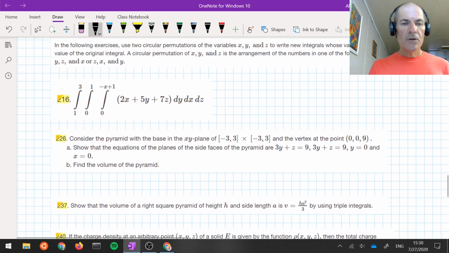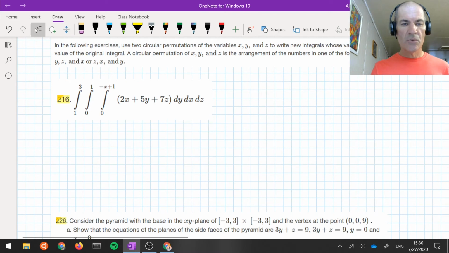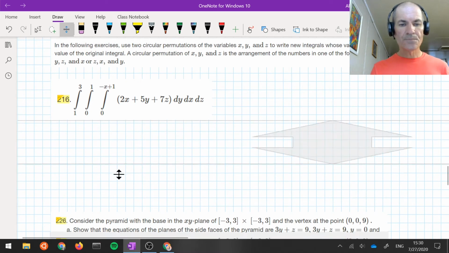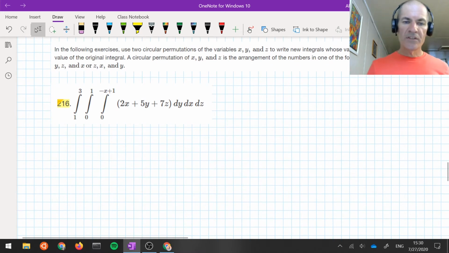So in problem 216, this is another exercise in changing the order of integration. And we see this weird notation. A circular permutation of x, y, and z is the arrangement of the numbers in one of the following orders.